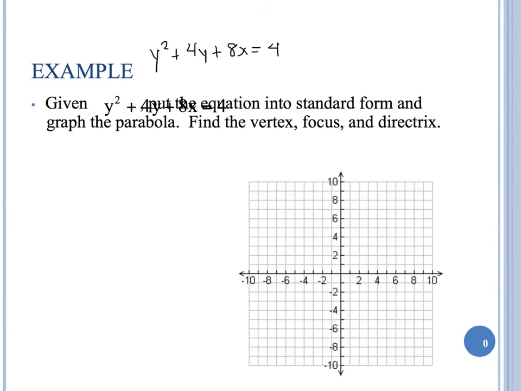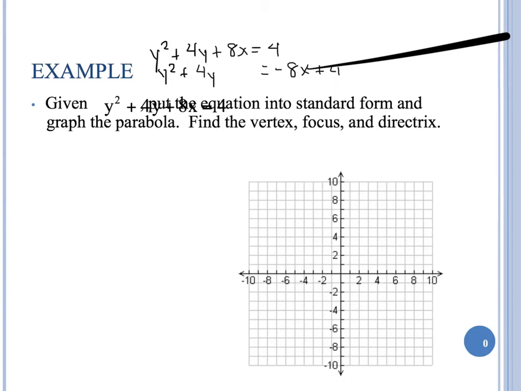I need to complete the square on the y's and get x's and everything else over on the other side of the equation. So I have y squared plus 4y equals negative 8x plus 4.